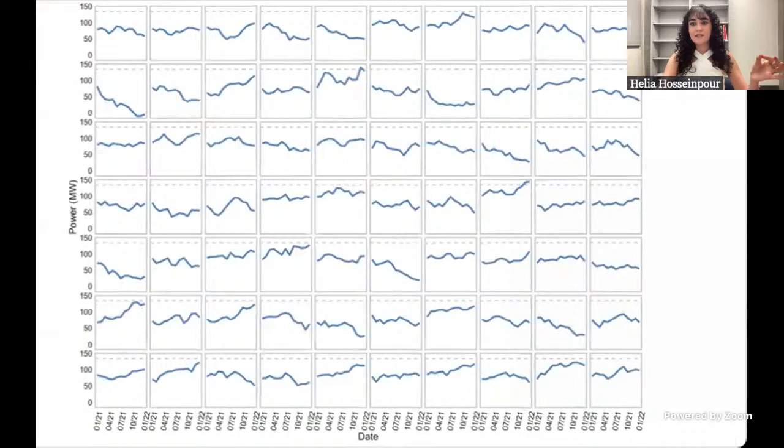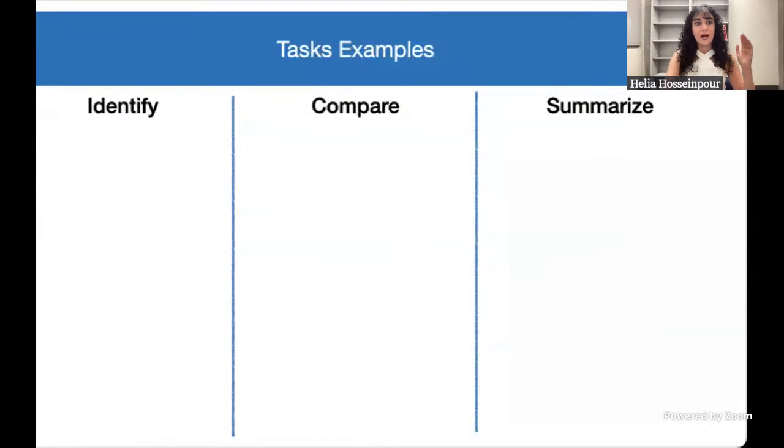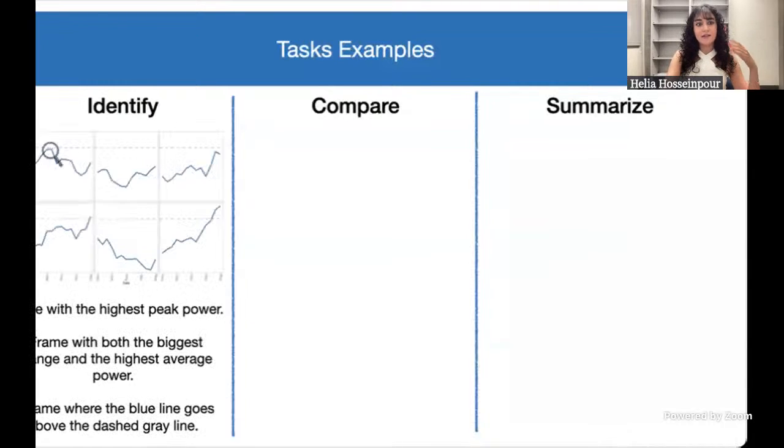And participants completed 7 different tasks with these small multiples categorized into 3 types. And those include identify, compare, and summarize. So all participants did these tasks, and in identify tasks, participants had to find specific frames, like ones where the trend line has the highest peak or crosses a threshold.